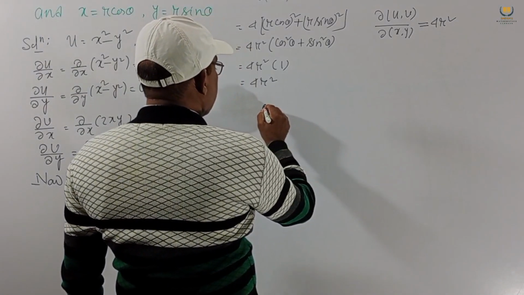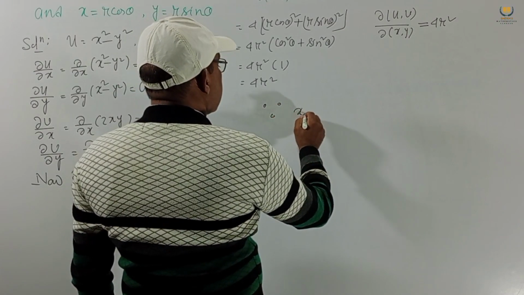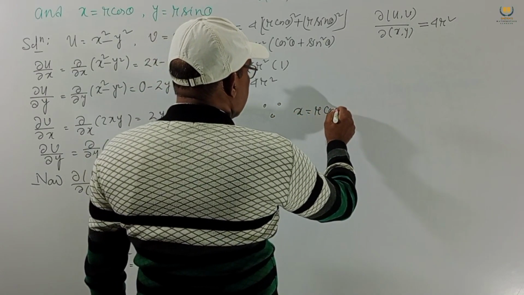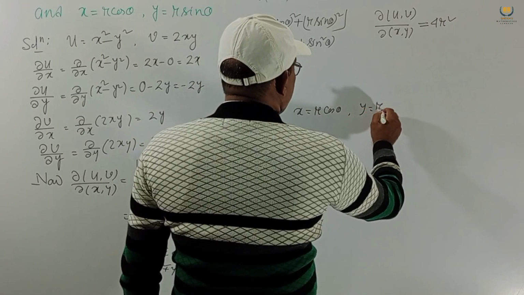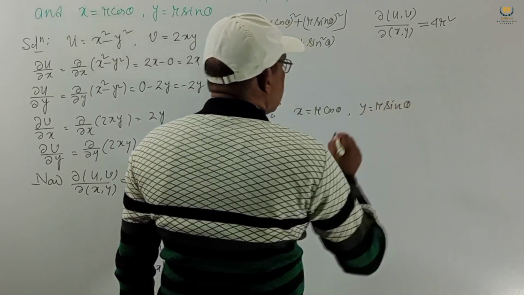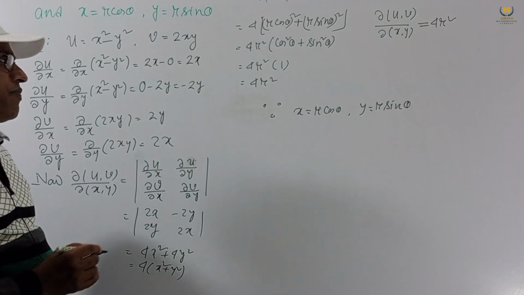Since x equals r cos theta, y equals r sin theta, these are given.